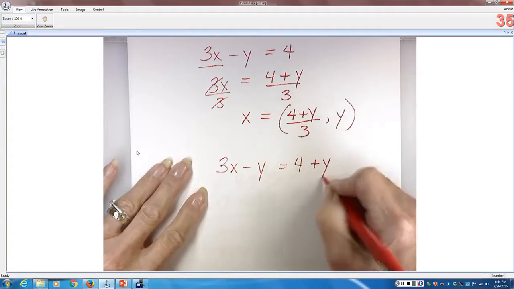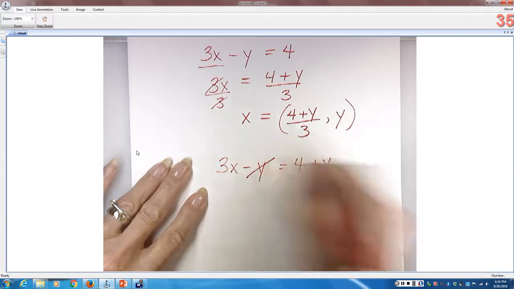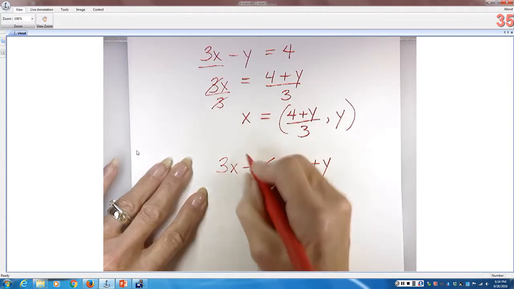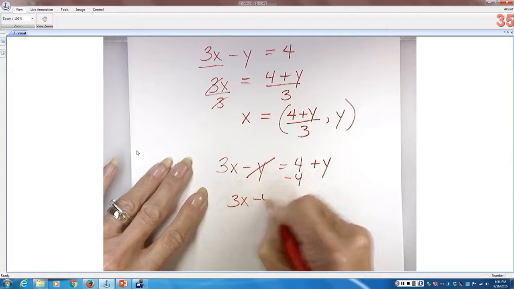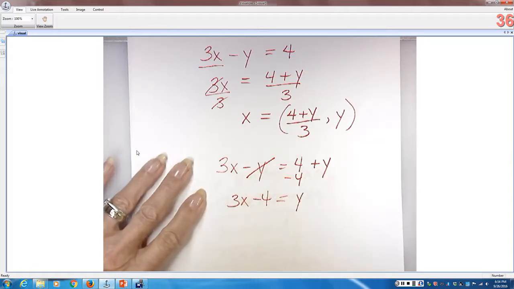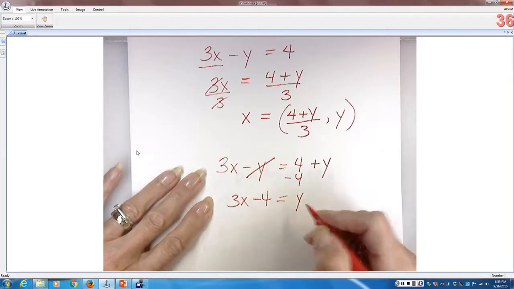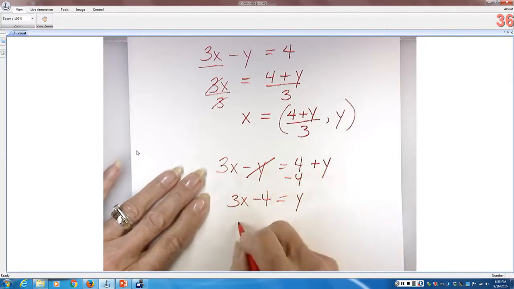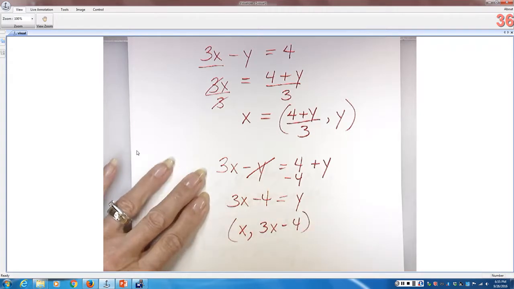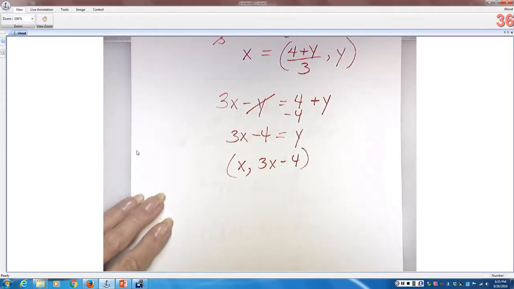Add y to this side, which takes that away, and subtract 4 from this side. 3x minus 4 equals y. So then the solution would be x, comma, 3x minus 4. It's just that it's not a fraction. Yeah, I'm trying to eliminate the fractions.